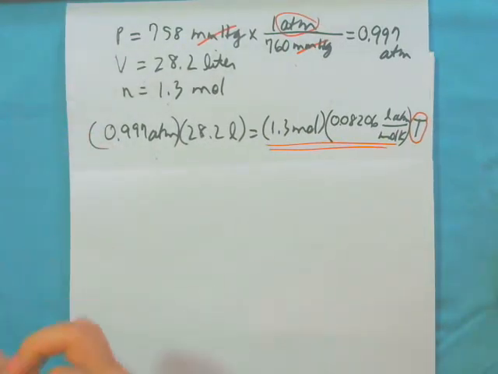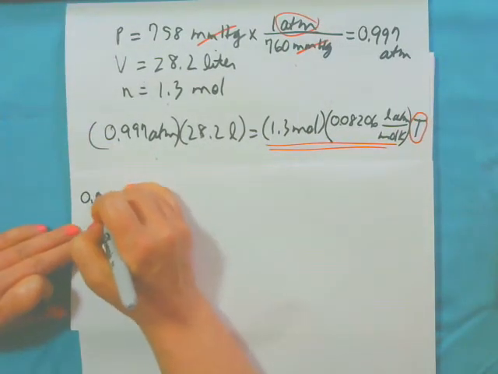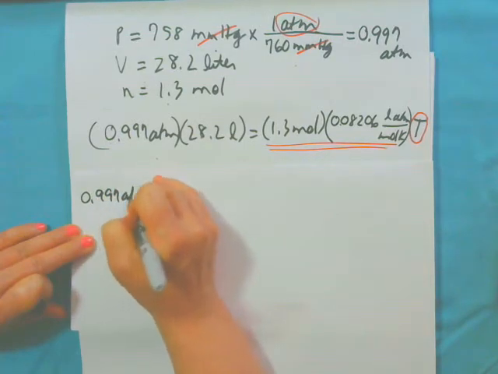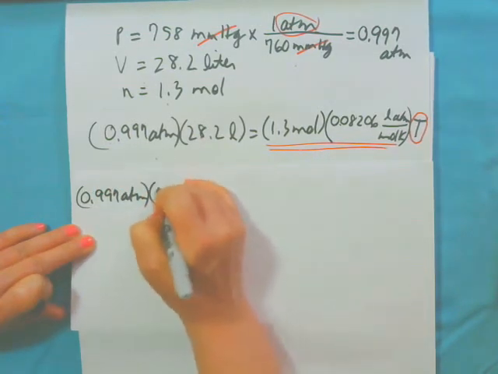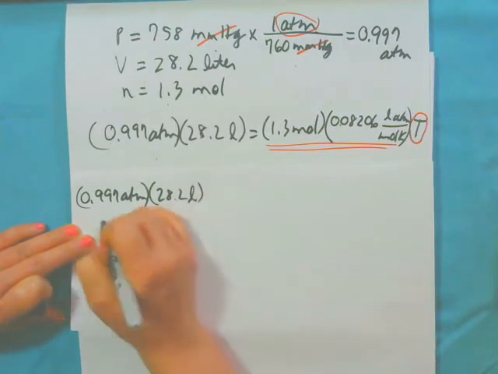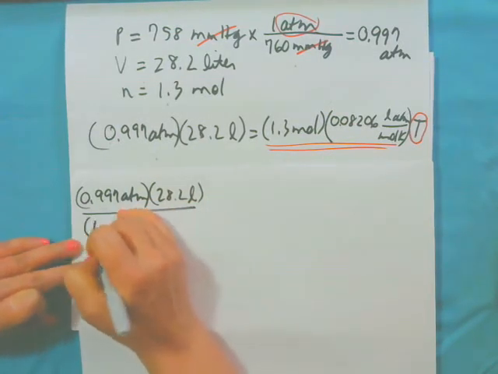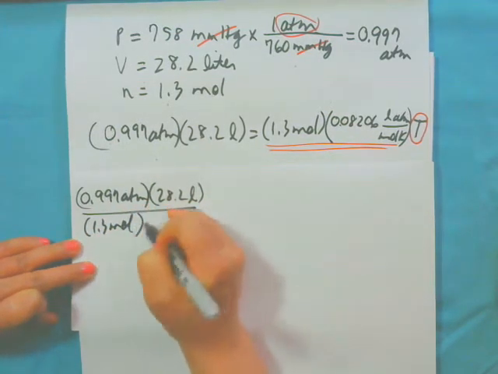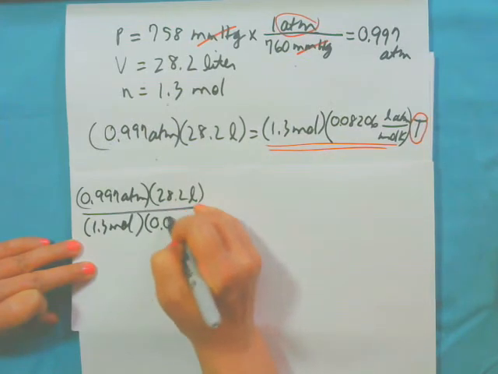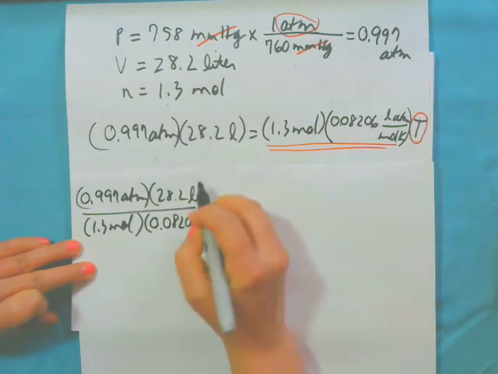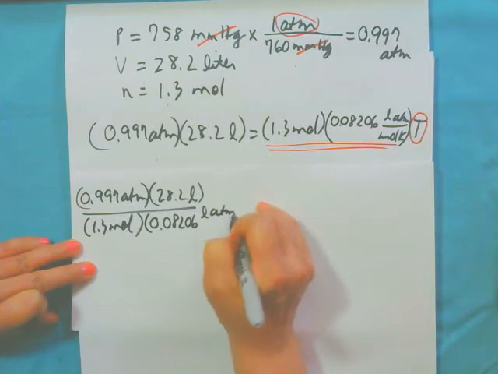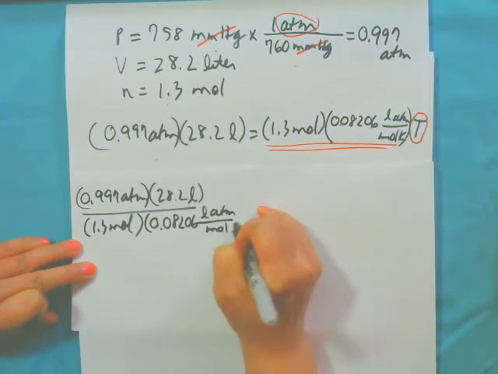So I'm going to take my 0.997 atmosphere, 28.2 liter. We're going to divide by 1.3 mole and 0.08206 liter atmosphere per mole Kelvin.